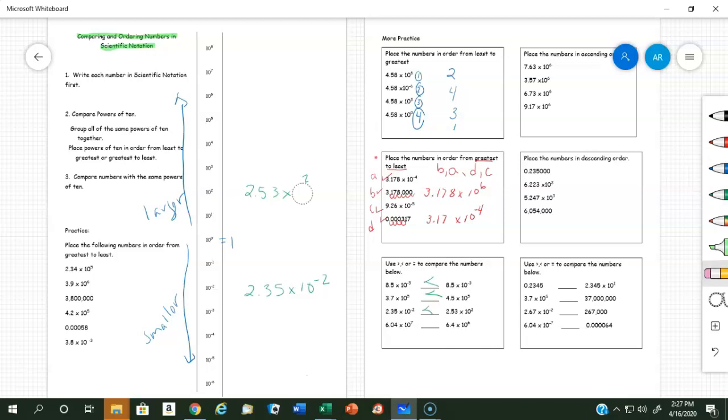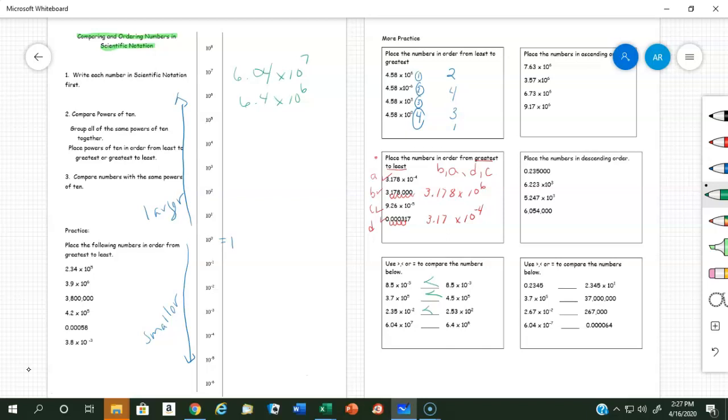second power. All right, one more to do, and then I'm going to leave the rest up to you to show me. All right, so now we have 6.04 times 10 to the 7th, and then I have 6.4 times 10 to the 6th.